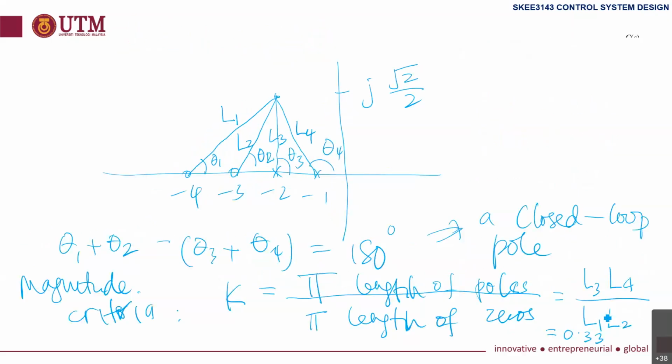Once it is fulfilling the angle criteria, then we move to check the magnitude criteria. This is obtained by taking the distance between the point that we want to test to all poles and all zeros. Then we apply the formula to get K, which is poles divided by zeros. We multiply all distances to the poles divided by all distances to the zeros. In this case, we get 0.33, similar to the first case.